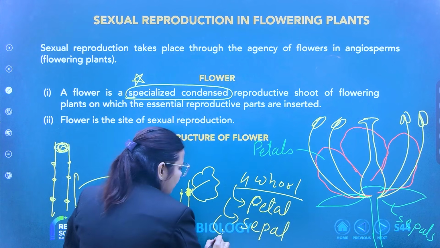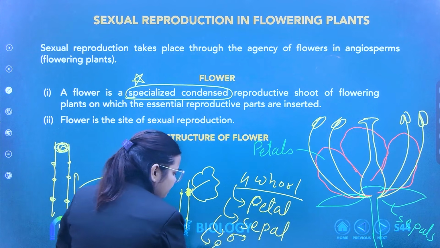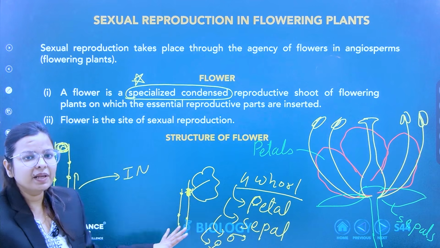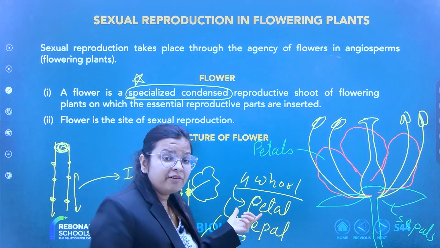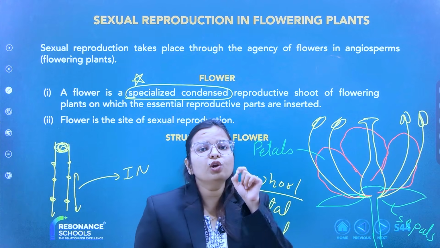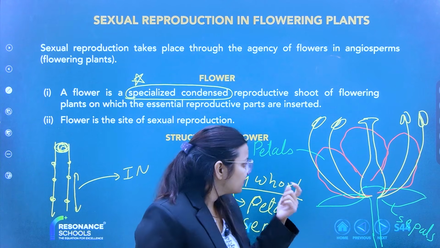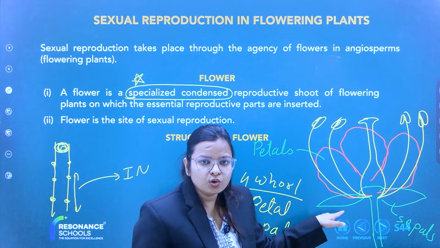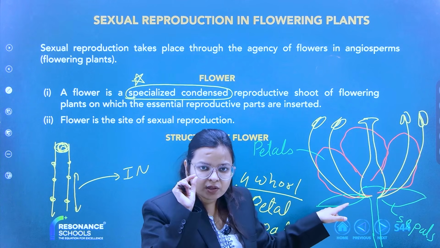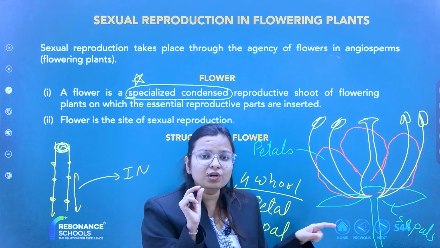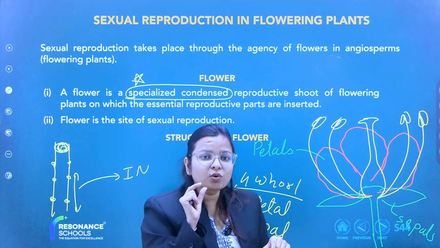Petal, sepal, male and female parts. So every whorl grows on a node, and these nodes are so close. Sepals also grow on nodes. After that there will be an internode, but that internode is so short that you cannot appreciate it.